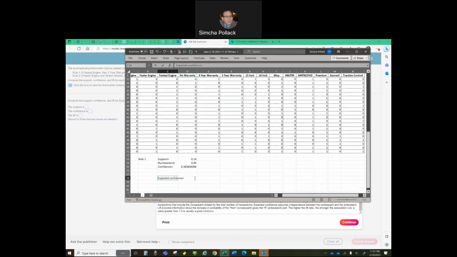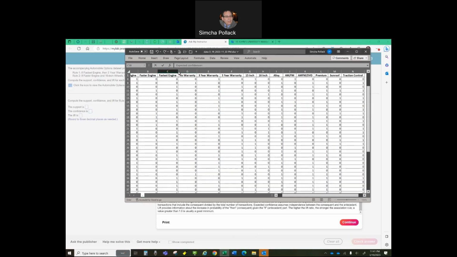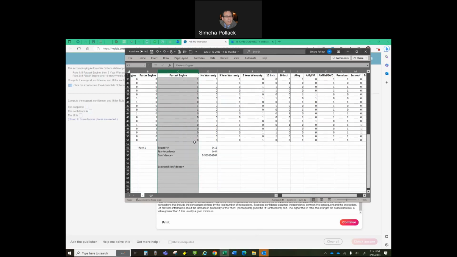So the expected confidence is equal to the average of C2 to C51, which is 0.44. I guess we had that already, 0.44.